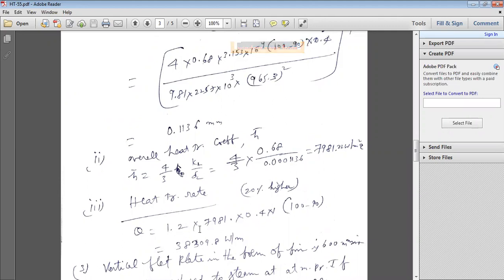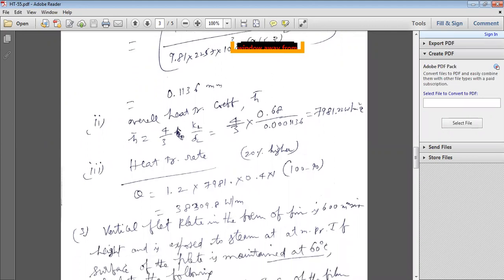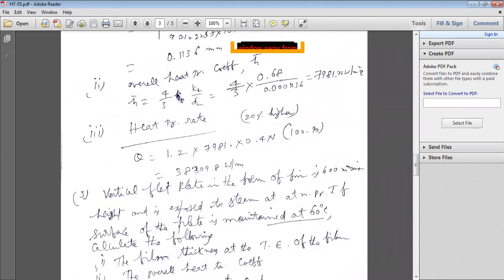You have to multiply this with 1.2. Then you are getting the heat transfer rate by incorporating McAdams correction, 38,309.8 watt per meter width of the vertical plate.